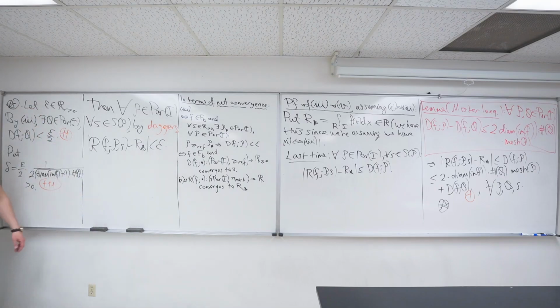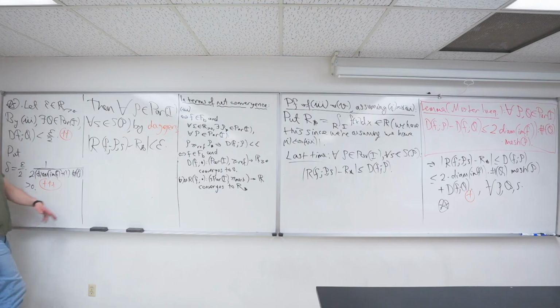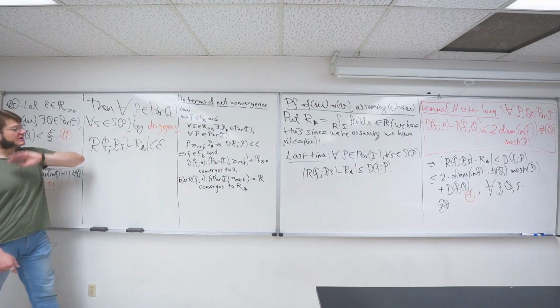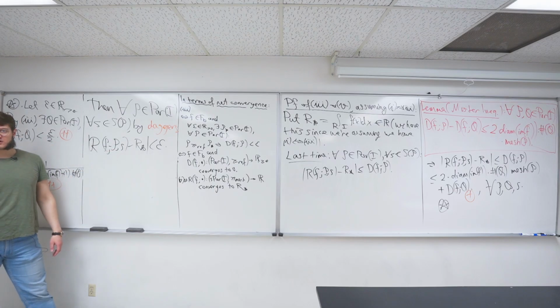So delta is the upper bound on the mesh, yes. If my partition has mesh bounded by this number, then I'm guaranteed that the associated Riemann sum is going to be at most epsilon apart from R star, which is what I wanted.